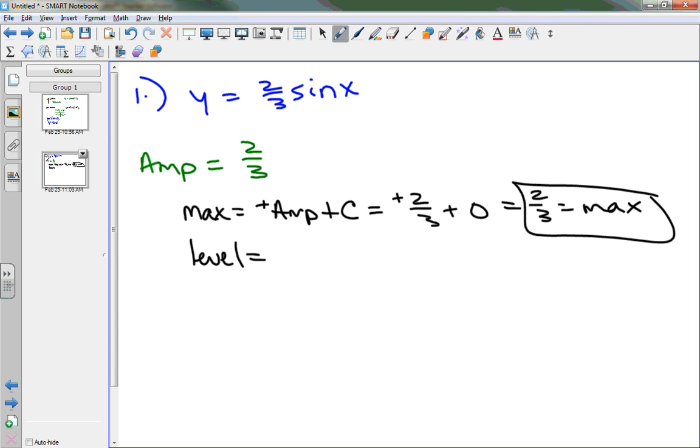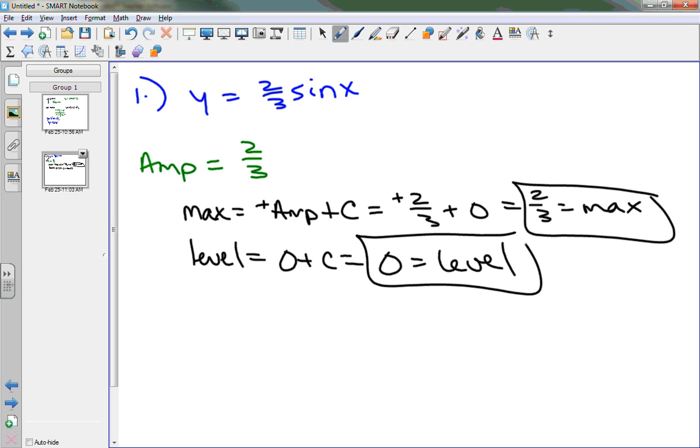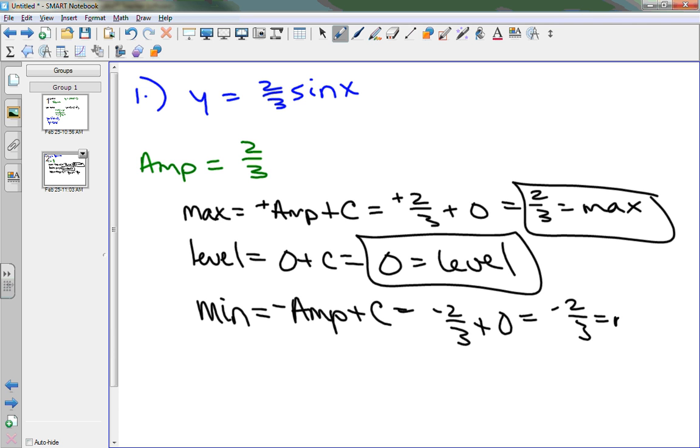What is level always at? 0. 0 is level, so I'm going to add my C value to that. So my level is simply going to be 0. My minimum. My minimum is my negative amp plus my C value. What's my negative amp? Negative 2/3. If I'm adding C to that, that's going to give me 0 to give me negative 2/3 as my minimum.